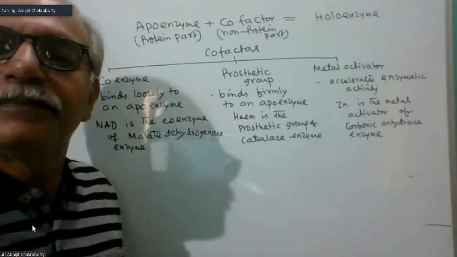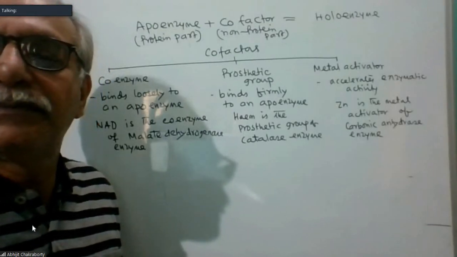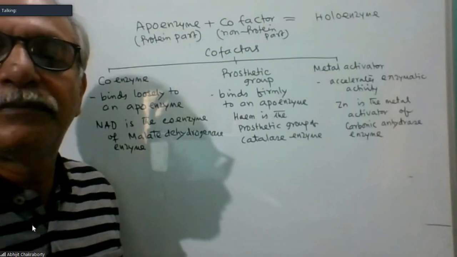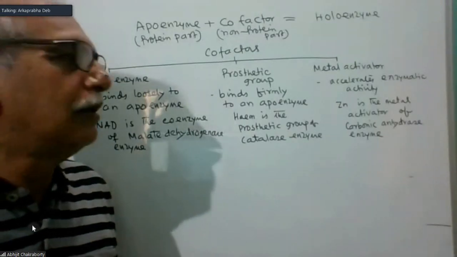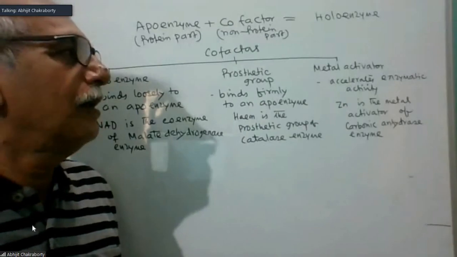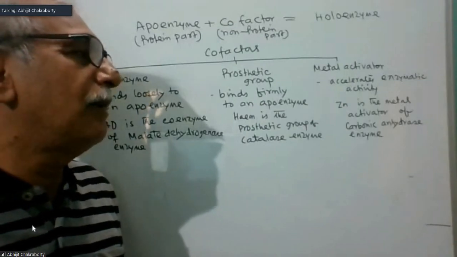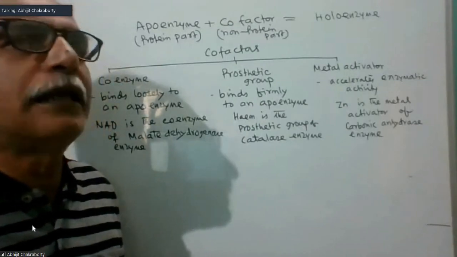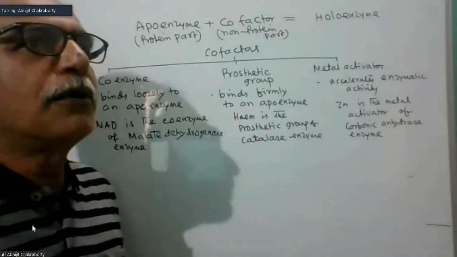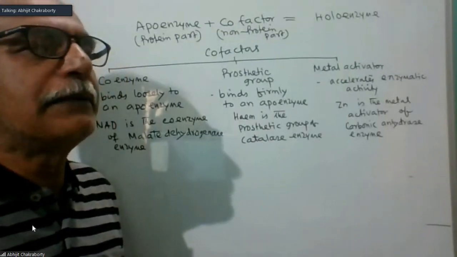Can you? Yes, sir. Okay, this is your home task. Find out the metal activators of 10 more enzymes. For example, for pyruvate kinase, it is potassium ion.